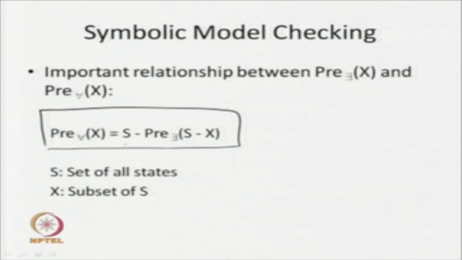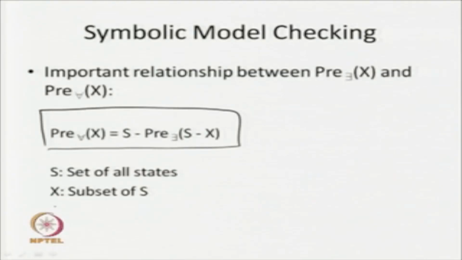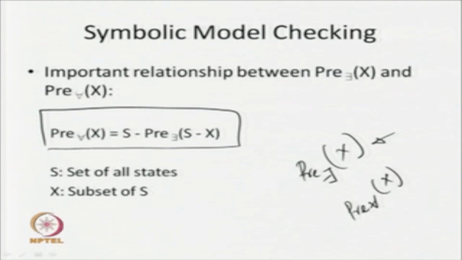Here, what is S? S is nothing but the set of all states of my transition system, and X is a subset of this S. That means we look for the predecessor states from this subset X. If we can calculate pre exist X, then from it we can always calculate pre for all X by using this relationship.